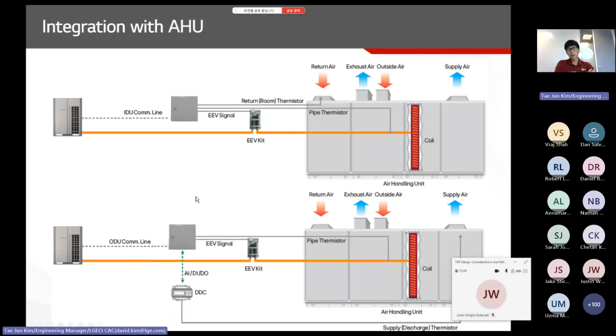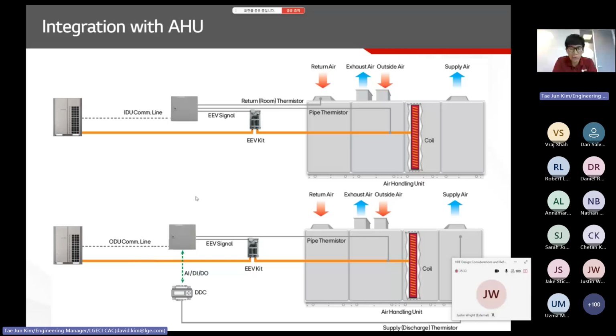Okay, and these are some examples of the applications that you can utilize using the VRF. I use the air source VRF as a diagram example, but you can utilize this using the single phase smaller capacity VRF system and also the water source system as well. The diagram that I have shown here is the integration with a third-party AHU, right?